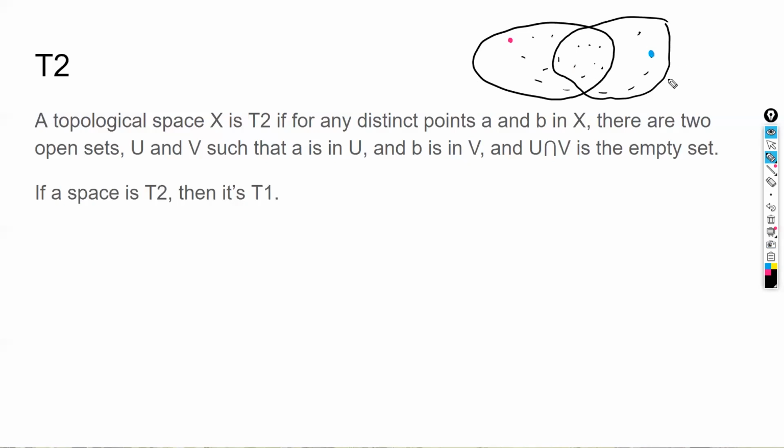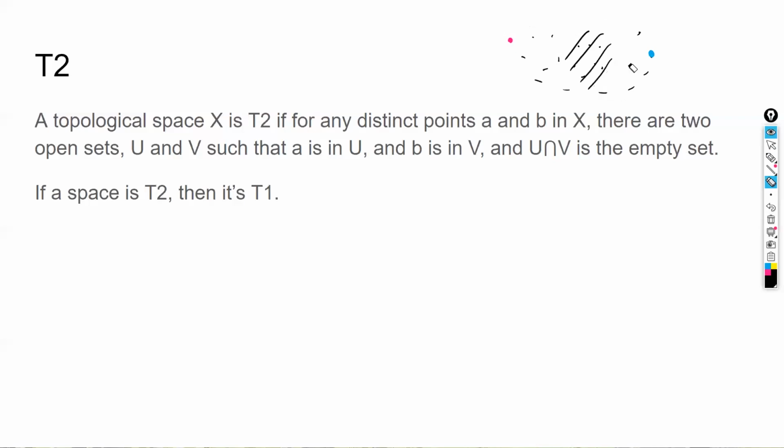But these sets wouldn't work for the T2 axiom because their intersection is not empty, right? So in order to satisfy the T2 axiom, I would need two open sets which look like this, and this, for example, where the intersection of these two sets is empty. All right, so if a space is T2, then it's clearly T1, because the same open sets that work for T2 still work for T1.